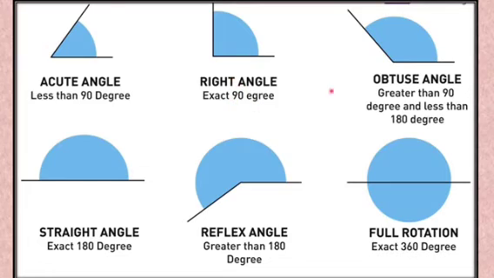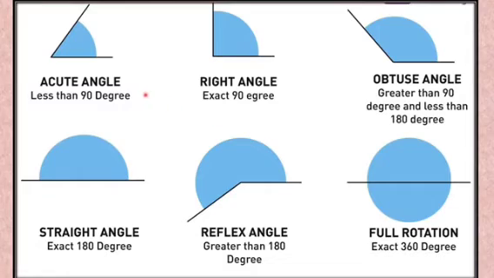Right angle, exactly 90 degrees. Obtuse angle, greater than 90 degrees and less than 180 degrees. Straight angle, exactly 180 degrees. Reflex angle, greater than 180 degrees. Full rotation, exactly 360 degrees. So this is how you summarize.